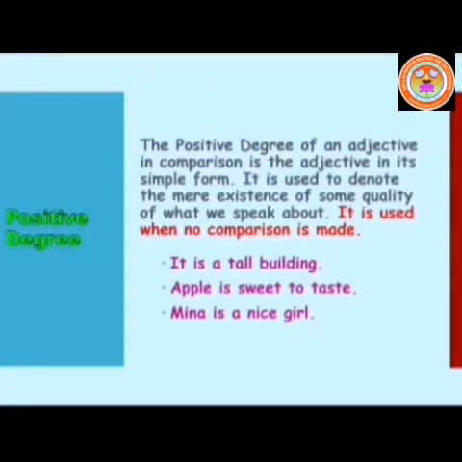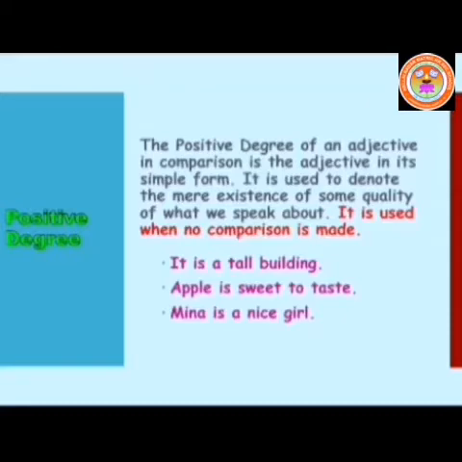The positive degree of an adjective in comparison is the adjective in its simple form. Underline simple form. It is used to denote the mere existence of some quality of what we speak about. So already you know that adjective means it is the word which modifies or gives some extra meaning to the noun, isn't it?